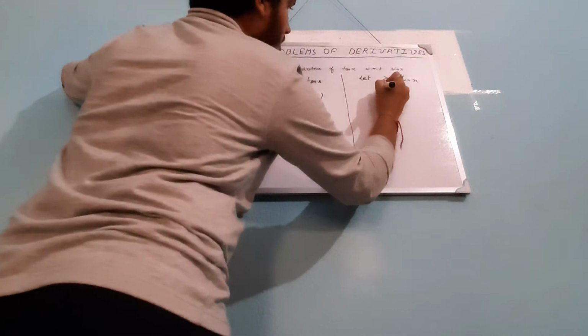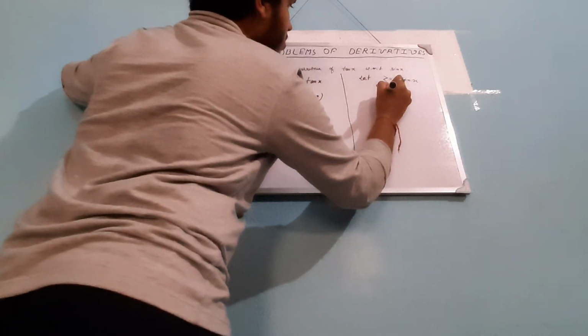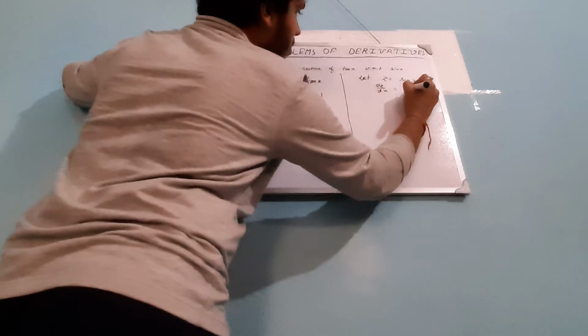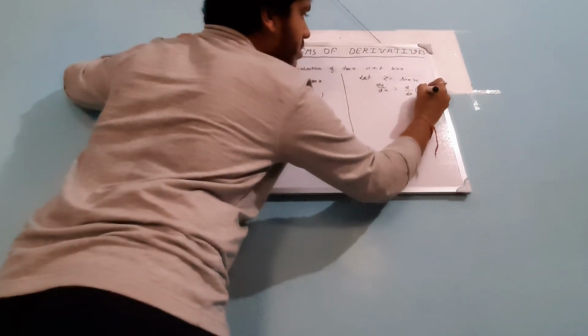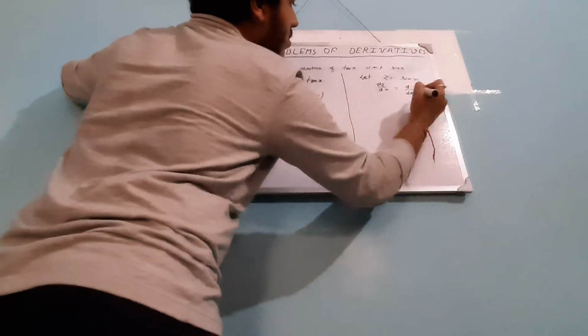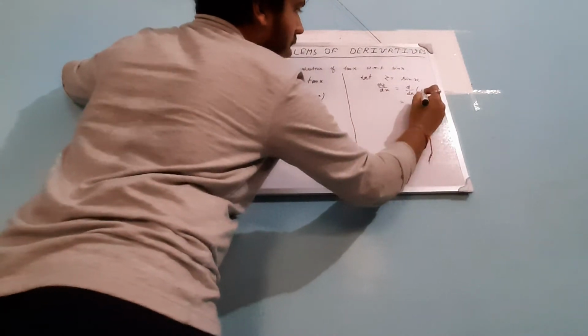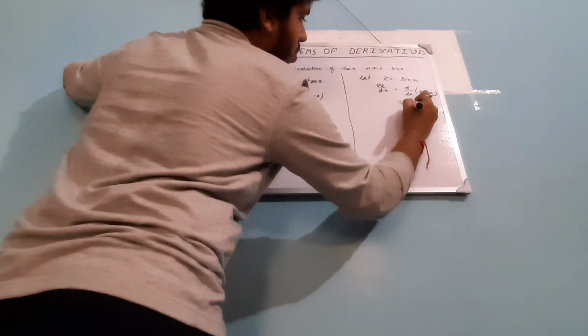And here dz by dx equals d by dx of sin x. The formula for the derivative of sin x is cos x.